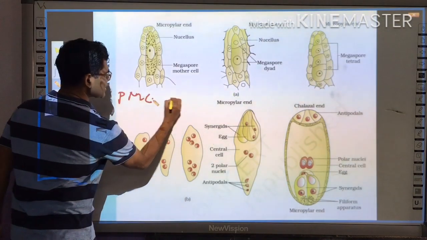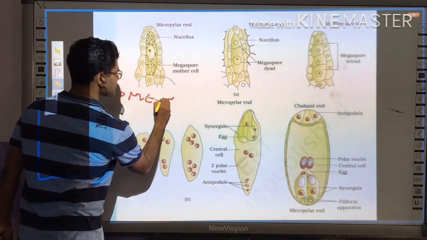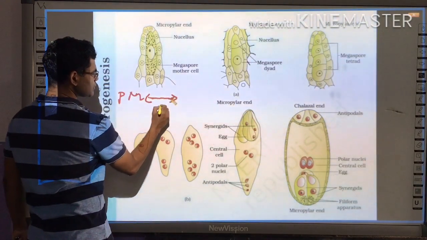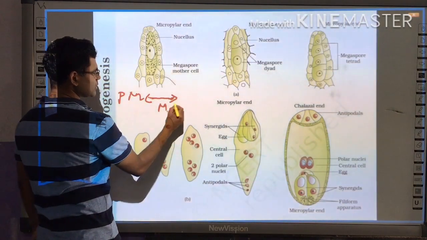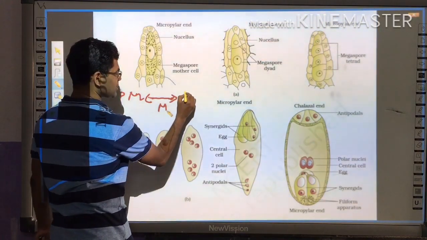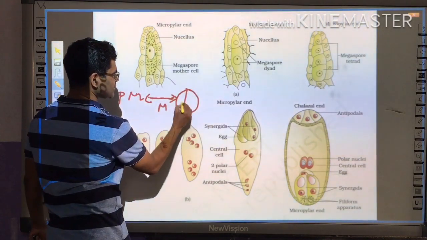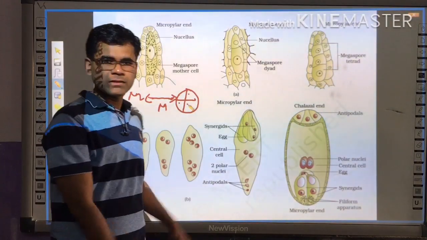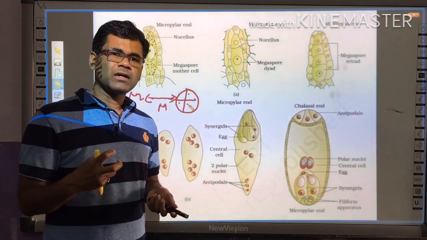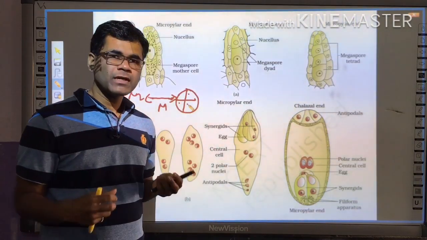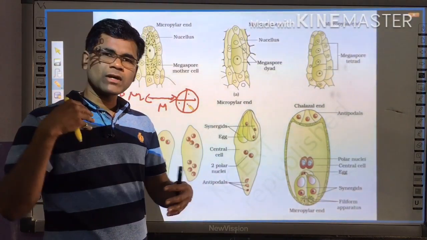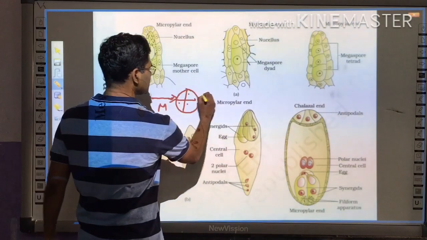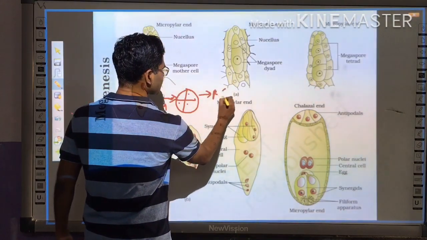This pollen mother cell undergoes reductional division, meiosis, and after meiosis it forms the tetrad stage. These tetrads are called microspores, and later on they undergo differentiation and form the pollen grain.